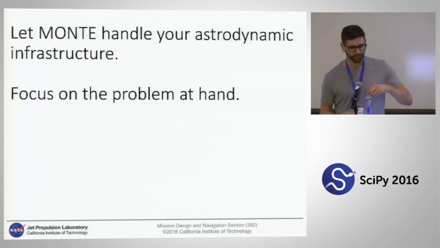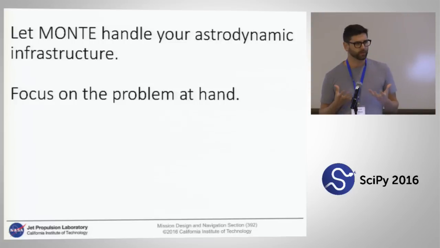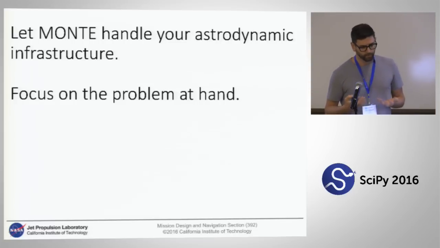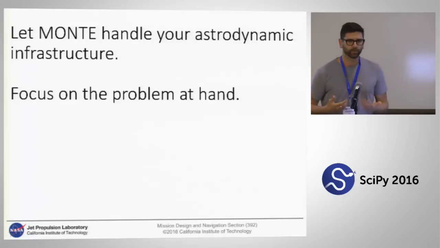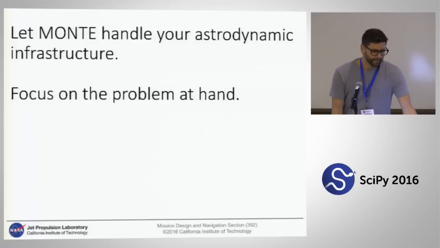So the basic pitch for using Monty as a platform involves the tremendous amount of infrastructure that you need in place just to get started in studying astrodynamics. Before you can design a trajectory, you need to be able to represent trajectories. You need to be able to query them to get the state of the spacecraft at different times. You need to be able to define and rotate coordinate systems, and search through trajectories for different astrodynamic events like closest approach, things like that.